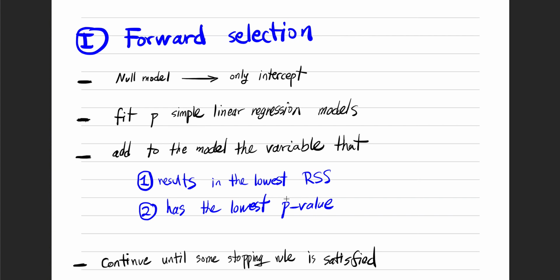There's no standard way, so there are different criteria. Residual sum of squares is one measure of fitness. P-value is another measure for how significant the predictor is.